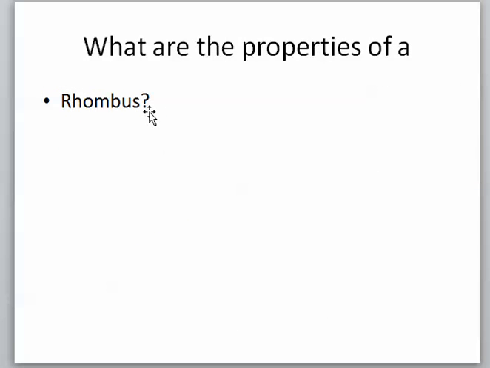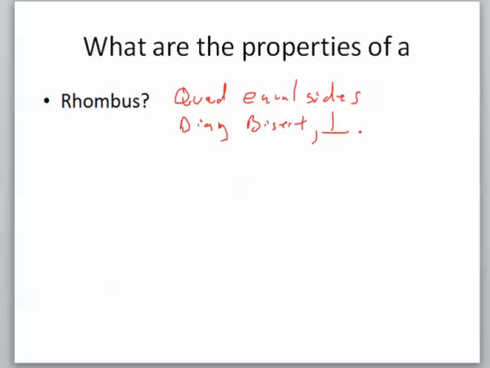Okay? Rhombus properties. Lots of properties to try to memorize here. A rhombus is a quadrilateral, so it's a quad with equal sides. It has diagonals that bisect, are perpendicular, and that also bisect angles.